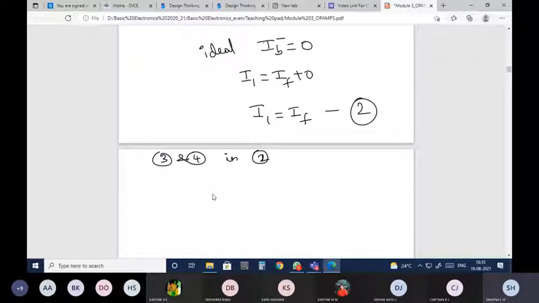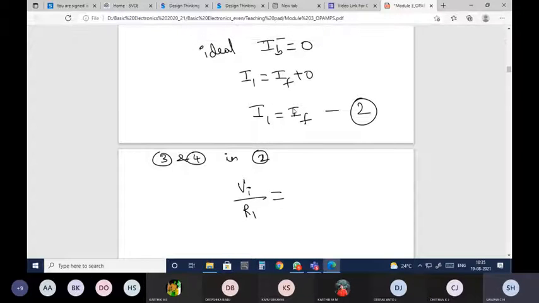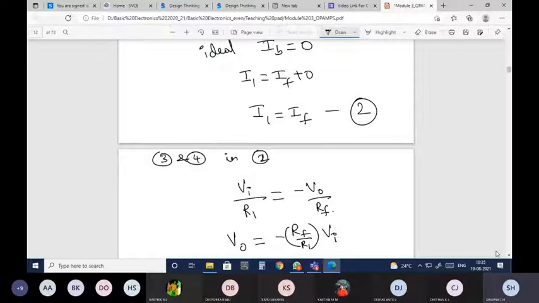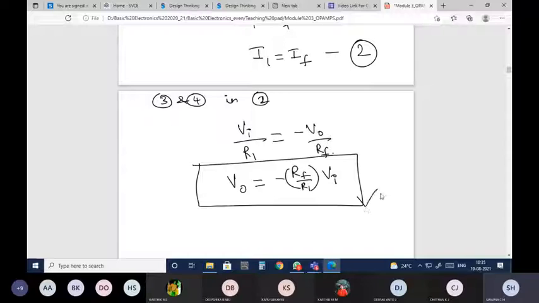So I1 is nothing but Vi by R1, that is equal to IF. IF is nothing but minus V0 by RF. So here what I need to do, I need to find V0 voltage. So V0 will be equal to, rearranging the terms, minus RF by R1 into Vi. This is what the final signal is.